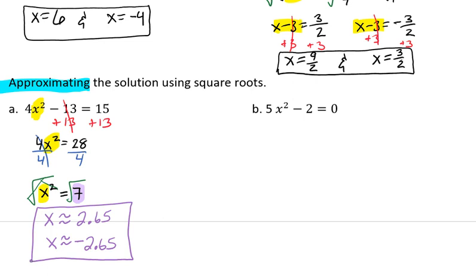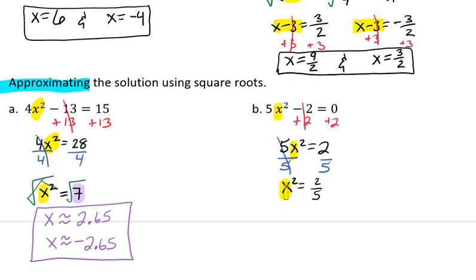Now for letter B, we have our x squared, so we add 2 to both sides, giving us 5x squared equals 2. Again, here's our x that we're trying to get by itself, so we divide both sides by 5. We have x squared equals 2 over 5.